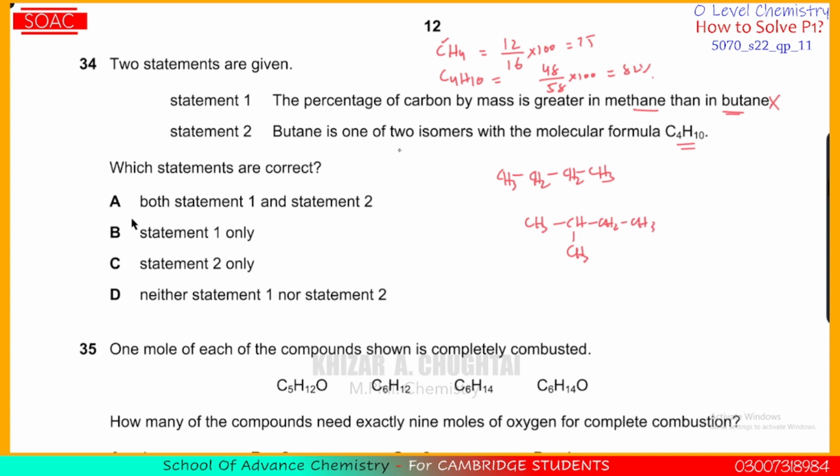So butane is one of the two isomers. One is called butane, the other one is called 2-methylpropane. So statement 2 is correct only. So C is the correct option.